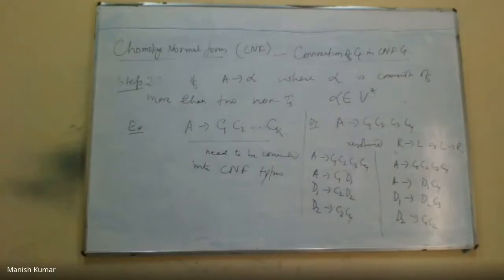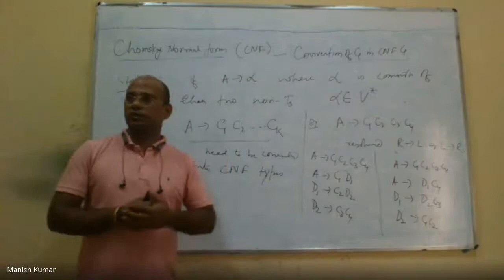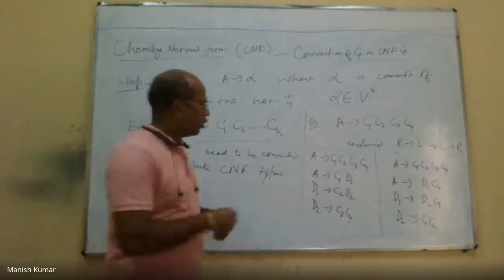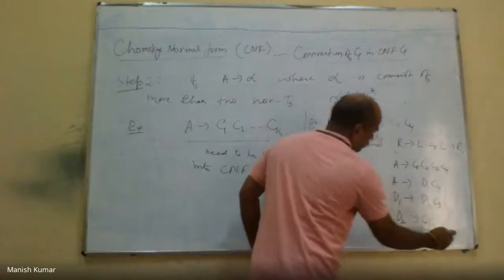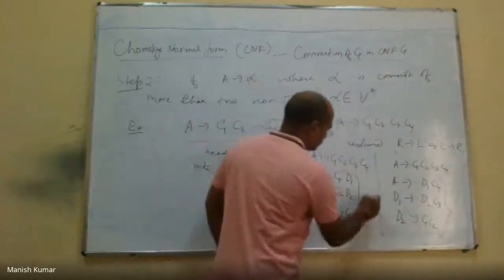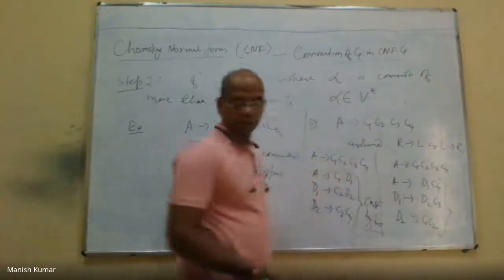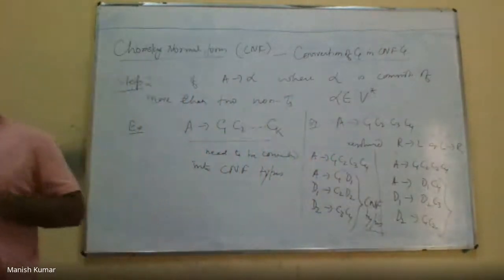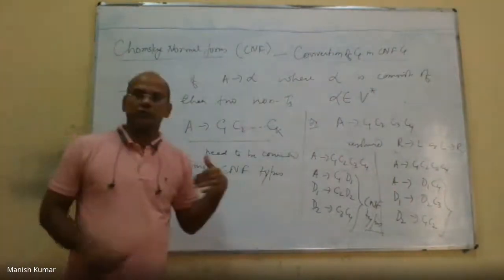In one, I'm resolving it from right to left, whereas in the other, I'm resolving it from left to right. All these are actually of CNF types, and hence it is converted. So any grammar you can consider.